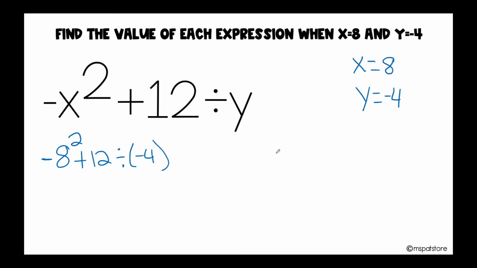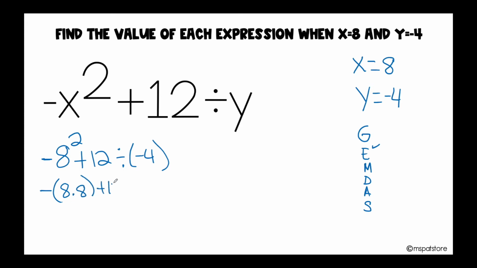After I substituted my variables, I need to follow the order of operations. Remember GEMDAS. According to the order of operations, I need to do exponents first. Remember, the T-Rex with the short arms cannot grab this sign, so I'm just going to leave it outside: -8 times +8 times +8.